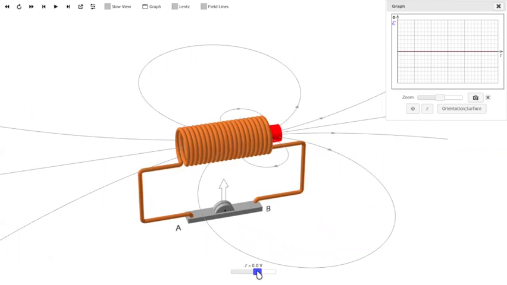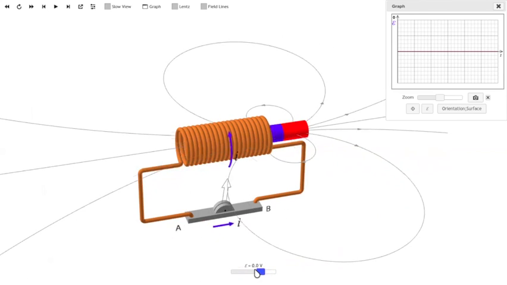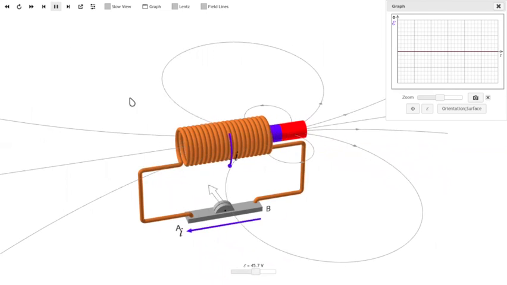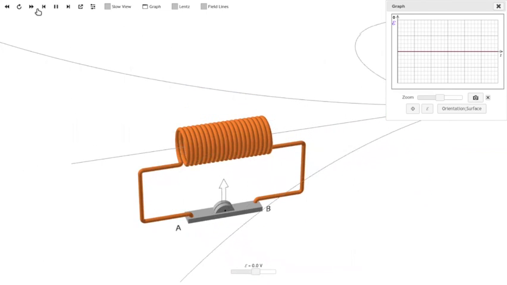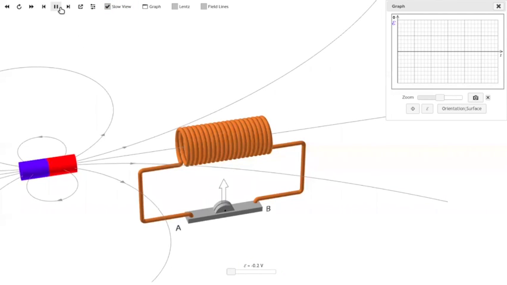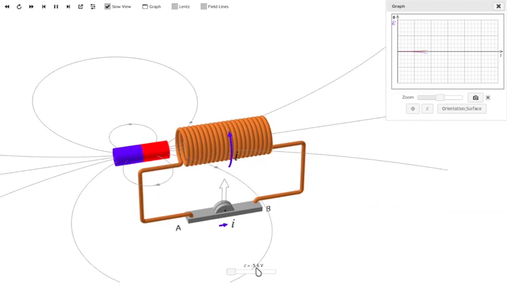Whenever the magnet stops, there is no current, or voltage, right? Okay, now I will show you the play. Slow view, right? Just watch out. You look at this E value.